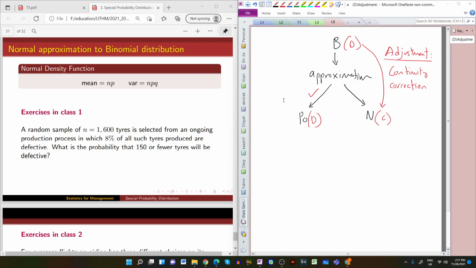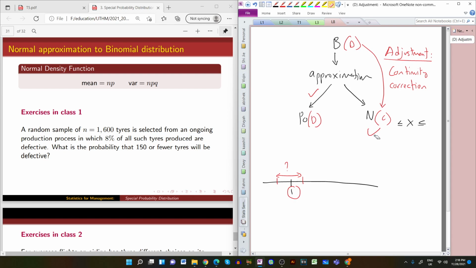Binomial is discrete, isn't it? Let's say single digit. Discrete means individual, but continuous will be in some interval. So how to make this single digit into an interval? How are we going to change this?